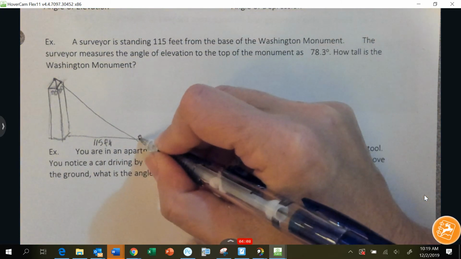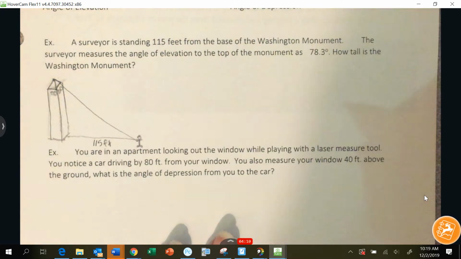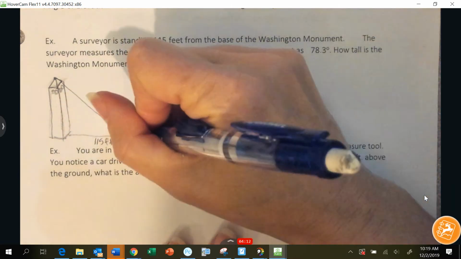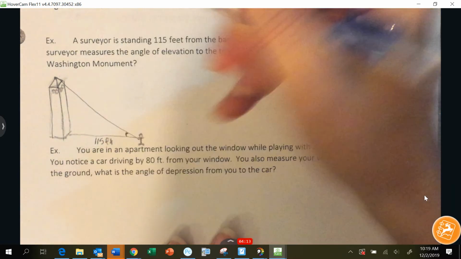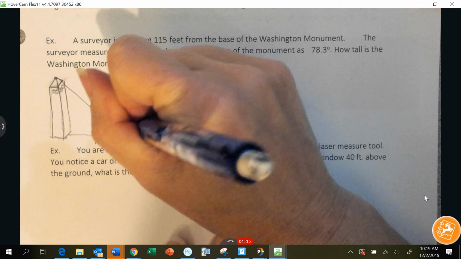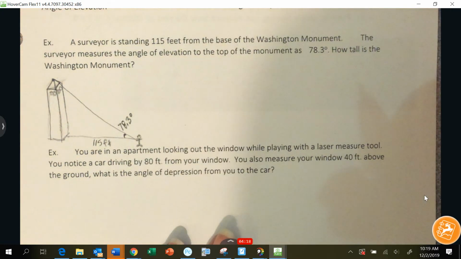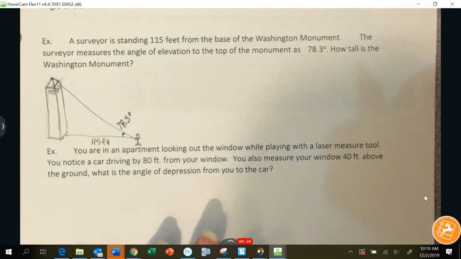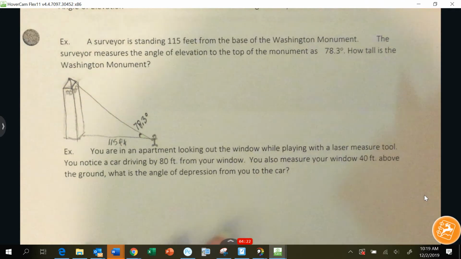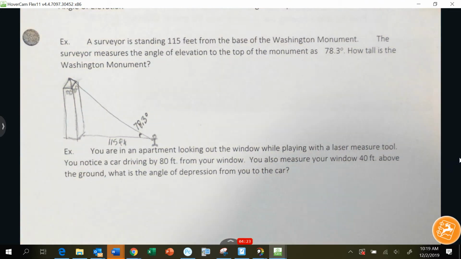So there's this angle that is formed where this person is standing, 78.3 degrees. My picture is not to scale because that does not look like 78.3.